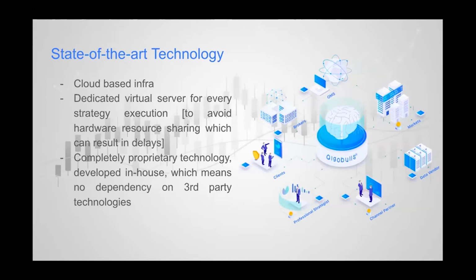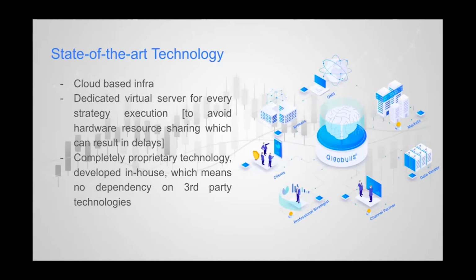At AlgoBulls, we have created a cloud-based infrastructure which is connected with each and every major player in the markets or the ecosystem. We are connected with the clients, of course, the retail traders, and the professional strategists who have their strategies and are willing to democratize those strategies to the retail participants. We are connected to the data vendors who give you the live feed.